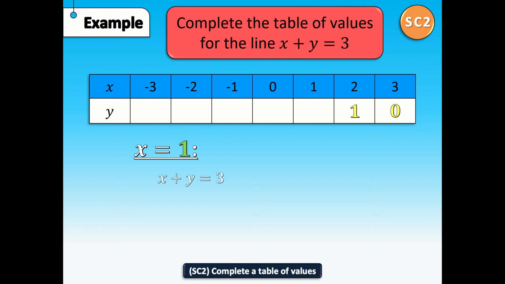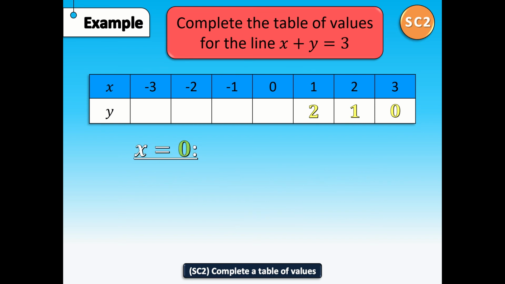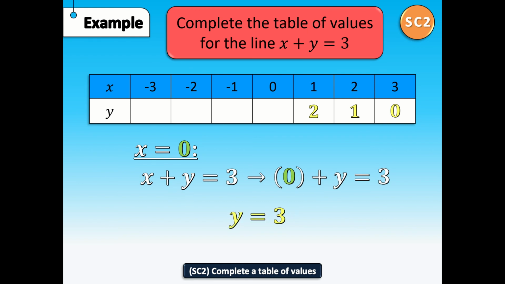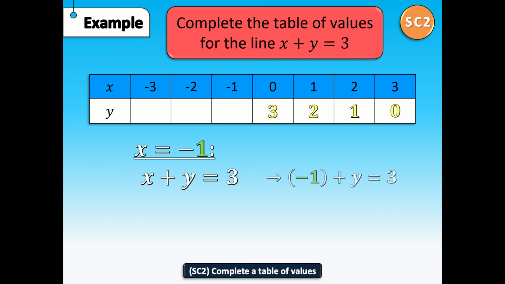When x equals 1, 1 plus y equals 3, so y must be 2. When x equals 0, 0 plus y equals 3, so y must be 3. When x equals minus 1, minus 1 plus y equals 3, so y must be 4.